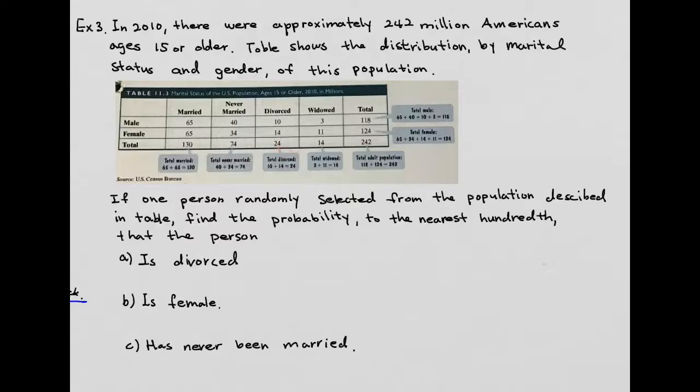Out of 242 million. So we're going to use the rounded number, so it will be 242. So it will be 24 over 242. And if you round it, it will be 0.10.